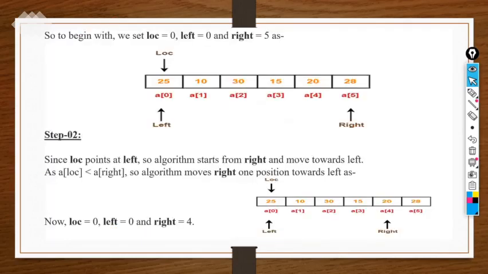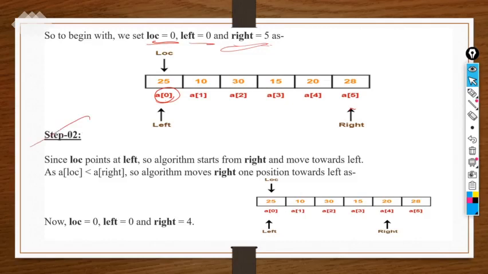So we have set LOC and left to the 0th index, and right is 5, right? So indexing is represented in these variables, and with the help of a[index], it will give you the element present at that particular location.